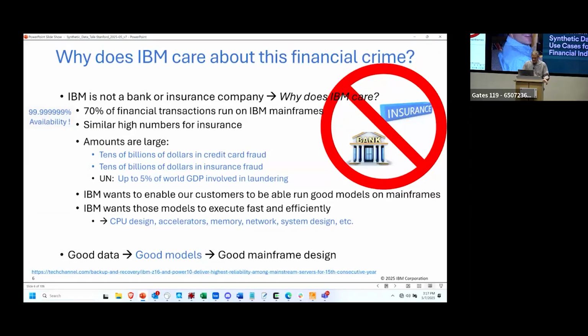And then we can design accelerators on our mainframes, as well as the memory system and CPUs and all the rest of it, so that we can efficiently process this. IBM's bread and butter is to build the equivalent of GPUs, but for this sort of thing, as opposed to image recognition or text generation. We do that too, but this is really a huge part of IBM's business.